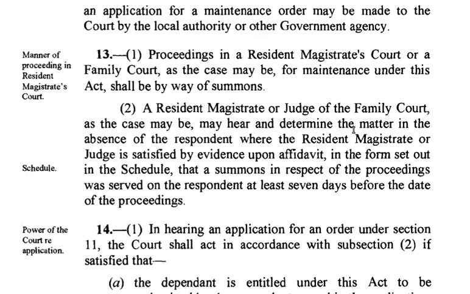Section 13, manner of proceedings in resident magistrate's court. Subsection 1. Proceedings in a resident magistrate court or a family court, as the case may be, for maintenance under this act shall be by way of summons. By way of summons. I looked up the word summons online.